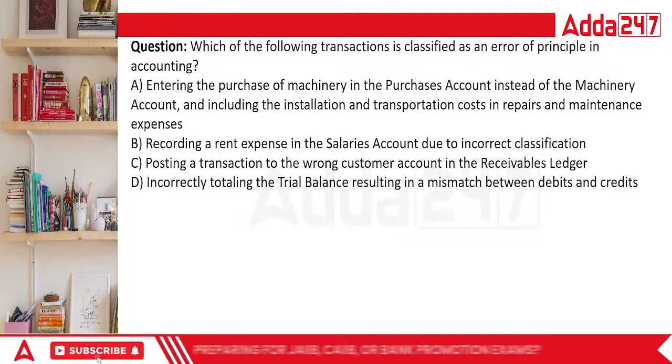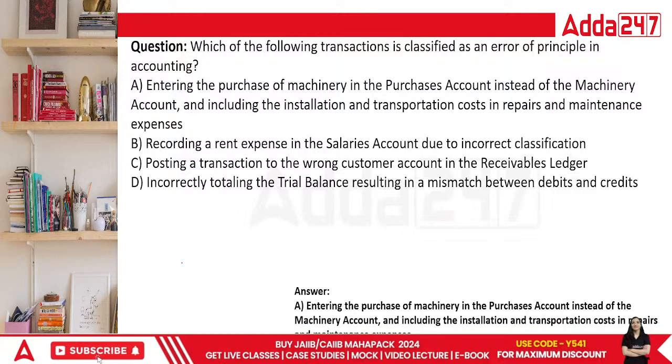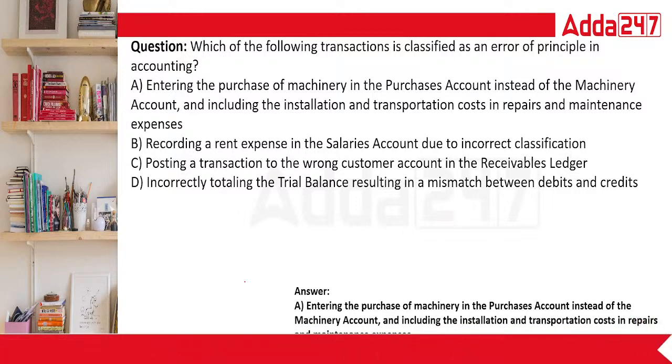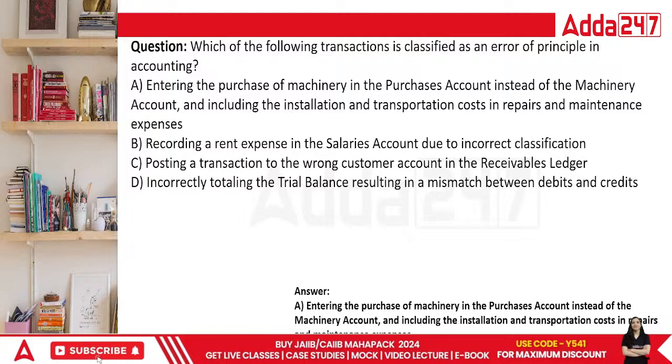Everyone, the error of principle clearly states that an asset is noted as an expense and an expense noted as an asset. Mixing up of this is covered in this case. Okay?